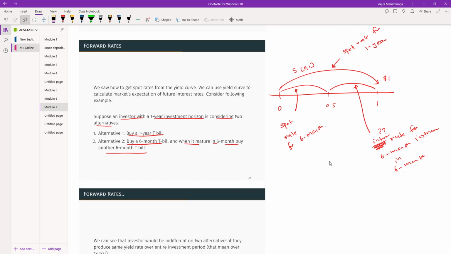Then the present value of this $1 is going to be $1 times 1 over 1 plus S01. Since it always starts from time zero, you can just say it's S1. And this is for 1 year.